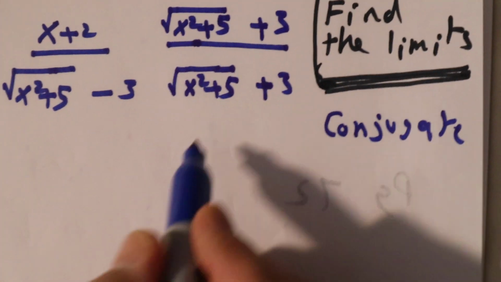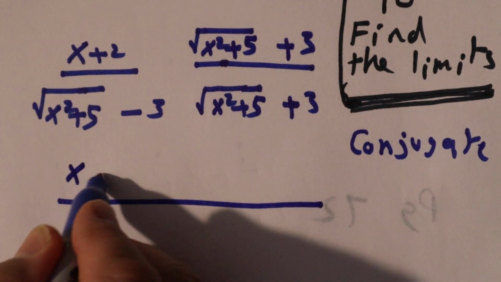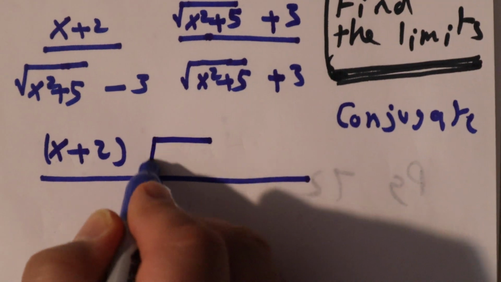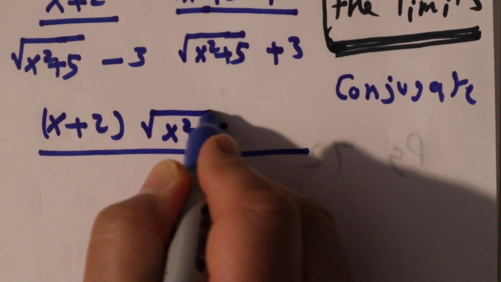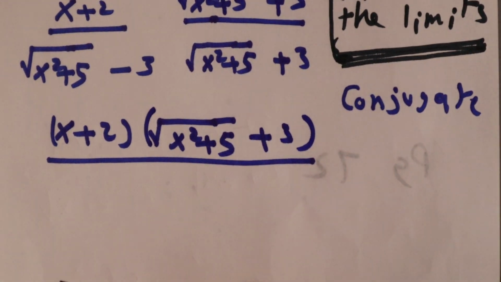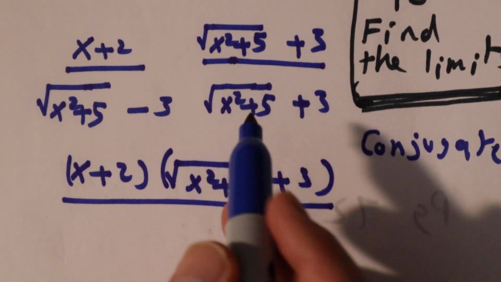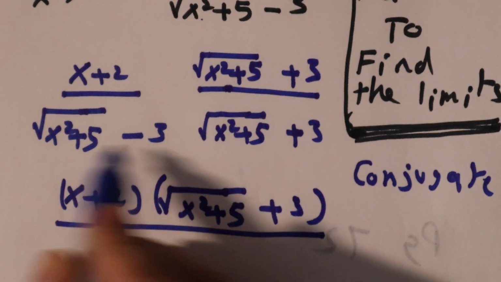Now when you multiply, gather all the numerator together: x plus 2 comes with square root of x squared plus 5 plus 3. Now we come to the denominator. When you multiply the denominator, radical times radical cancels the radical, and x squared plus 5 is left.